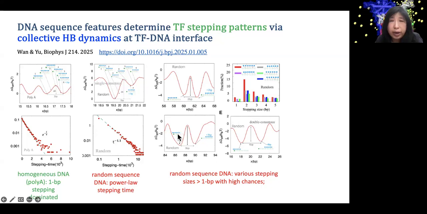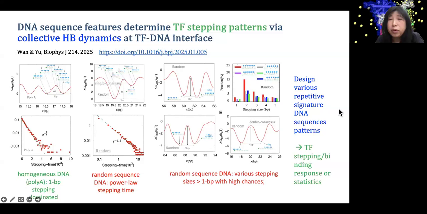Then we also have the waiting time distribution. You will see that instead of exponential, they have a power law distribution, which indicates multiple time scales. So we do have this interesting prediction, but it is actually very challenging to validate experimentally because of the resolution of the measurements.